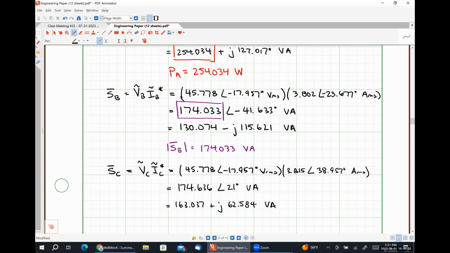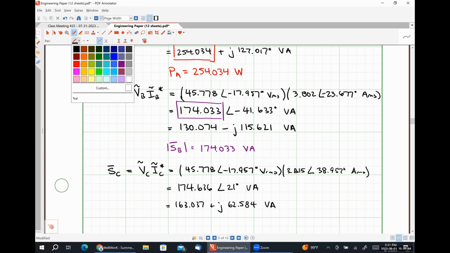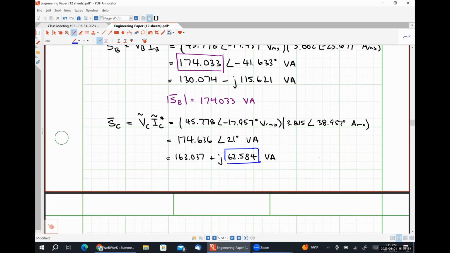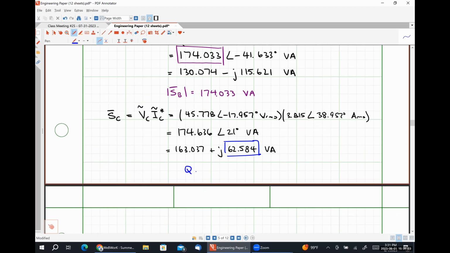We were asked to find the reactive power. So which of these four numbers is reactive power? Reactive power is the imaginary part of the rectangular form. So QC would be 62.584 VARs, because we're looking for reactive power.